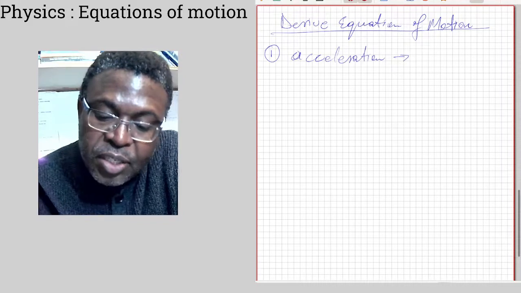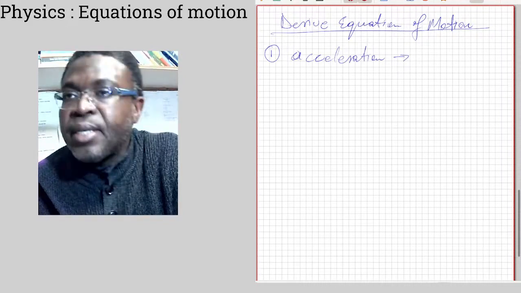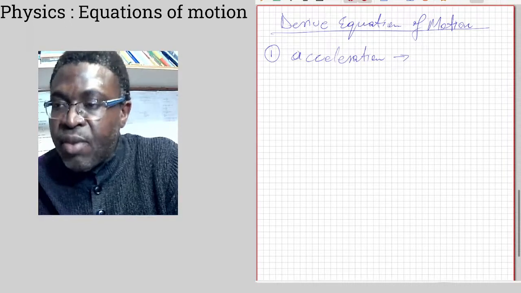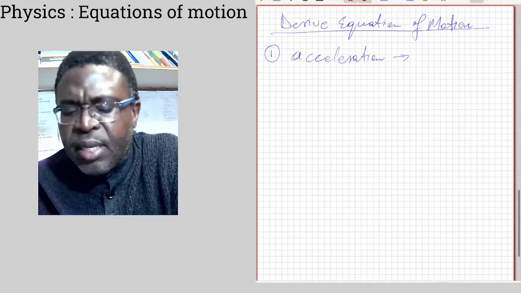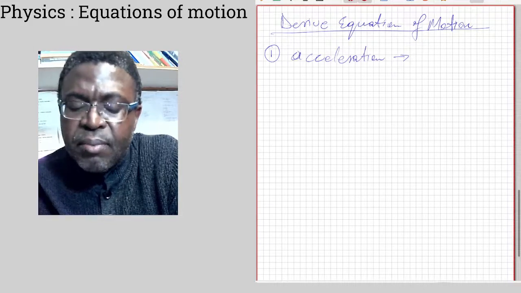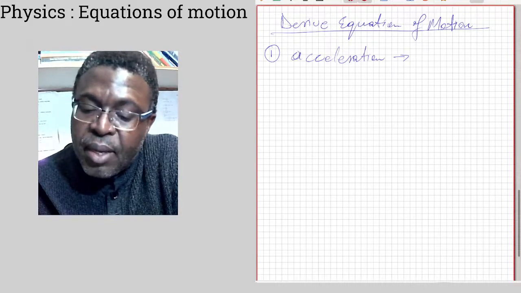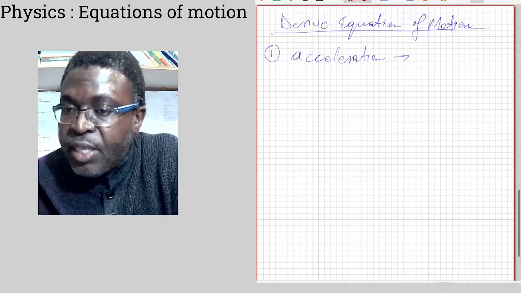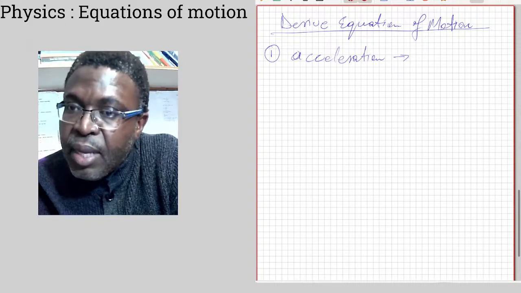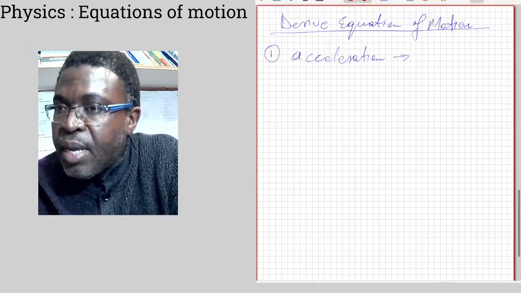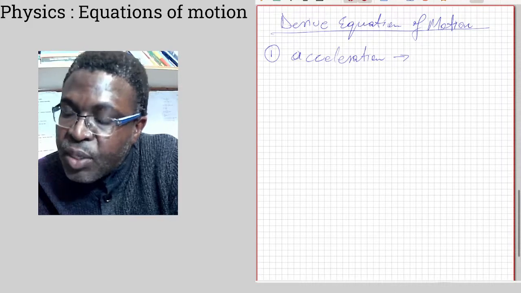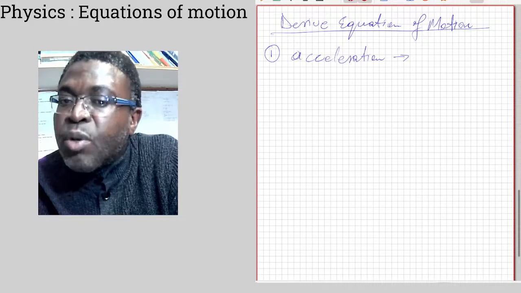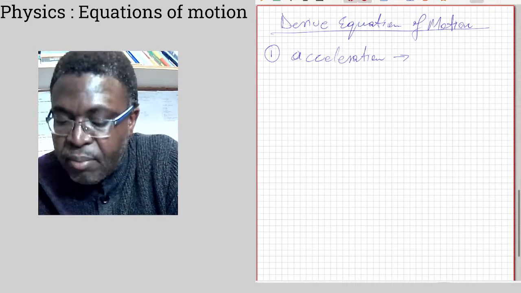I will define acceleration, right? So acceleration is change in velocity over change in time. So what does that mean? That is just a mathematical notation. It means that when an object is moving at a particular velocity, there are going to be fluctuations in velocities, or it's going to be constant, and it will be measured in time, right?